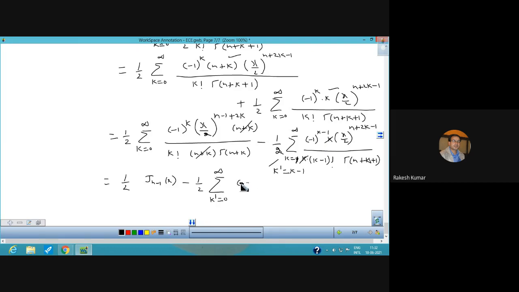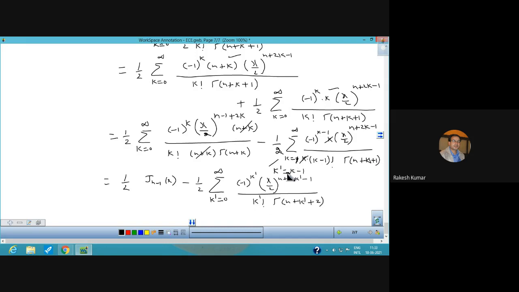And here you will have minus 1 raised to power k dash and x over 2 raised to power n plus 2k dash minus 1. And in the denominator, you will have k dash factorial and gamma n plus k dash plus 2.